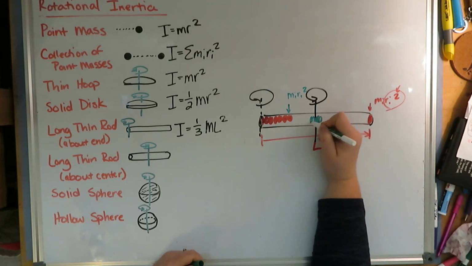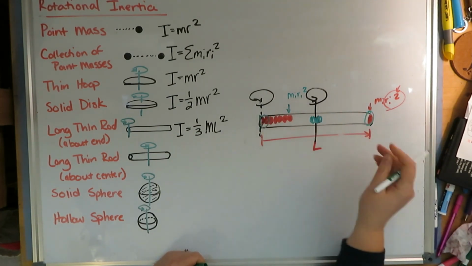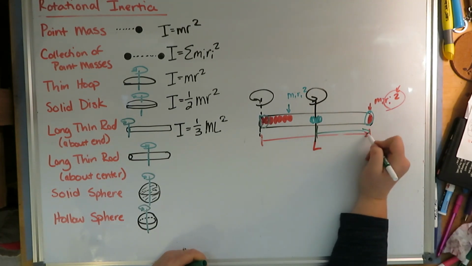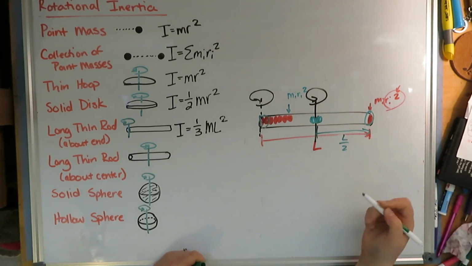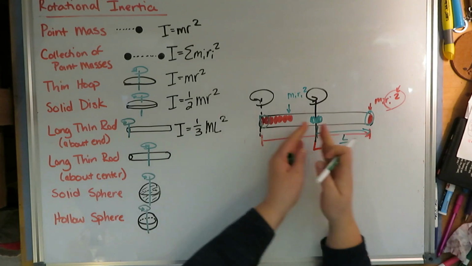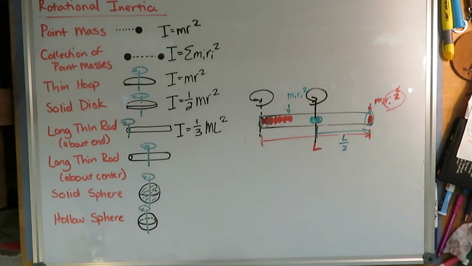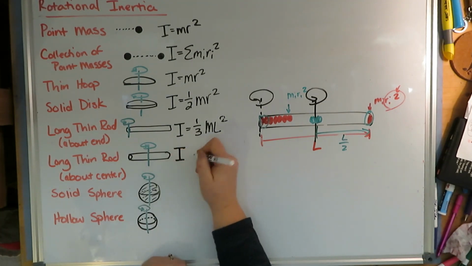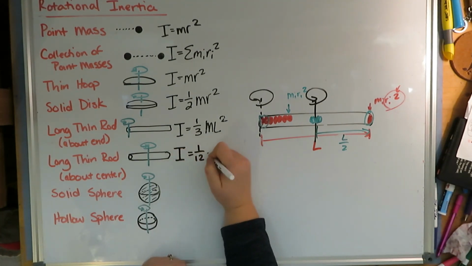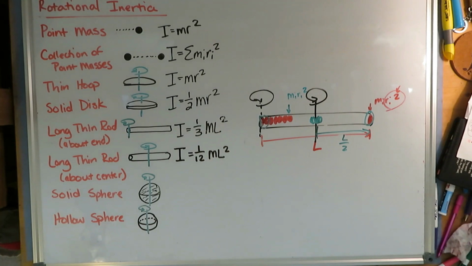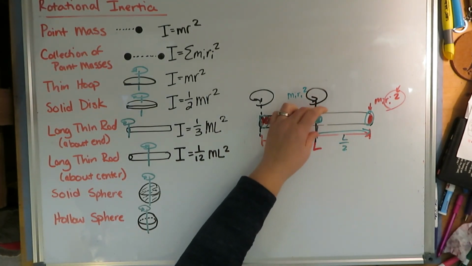Then I'm going to have mass here and mass here, but the furthest lever arm I ever get is L/2. So I'm going to have more of my mass concentrated towards the center, and my moment of inertia is going to be a lot smaller. The moment of inertia of a long thin rod about the center is 1/12 mL squared. One thing that's special about the center is where the center of mass is.